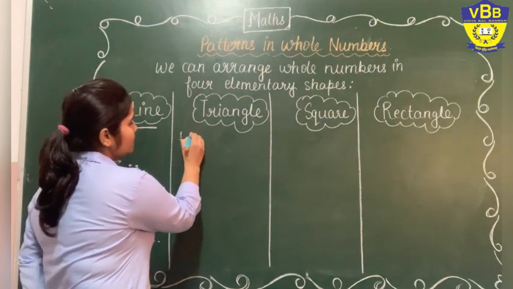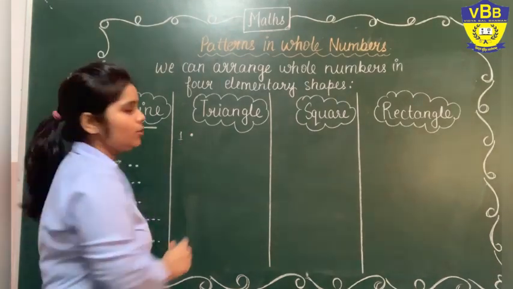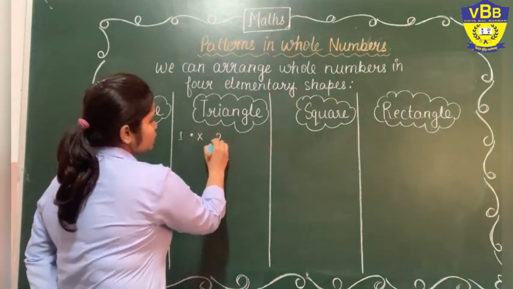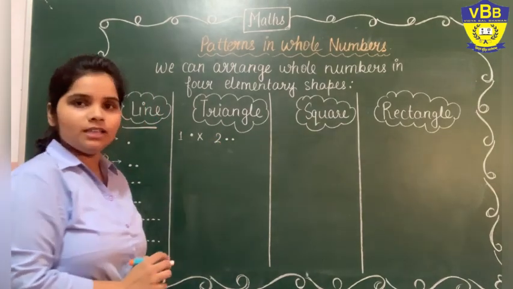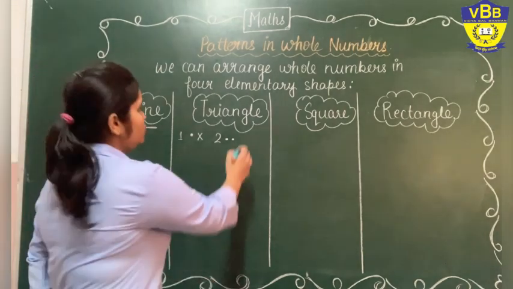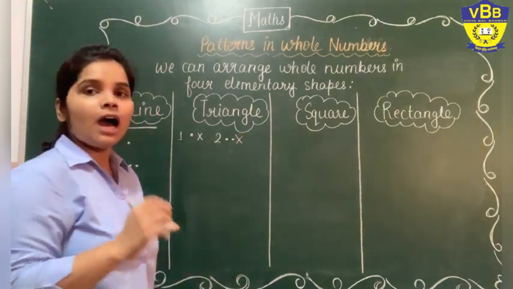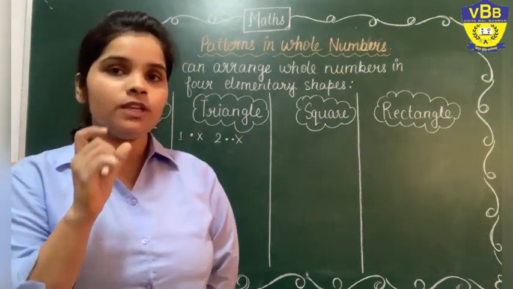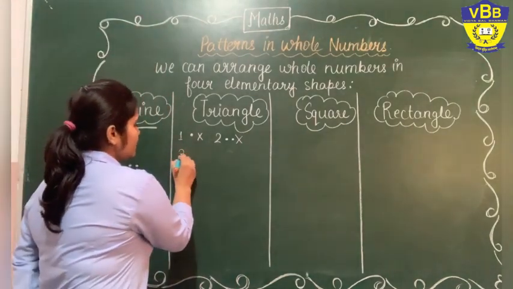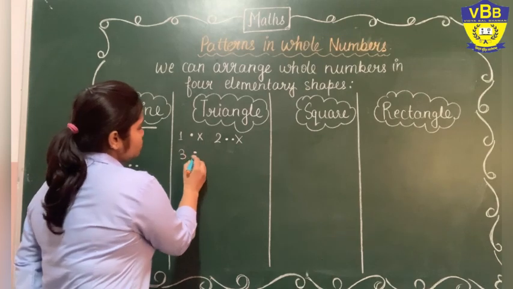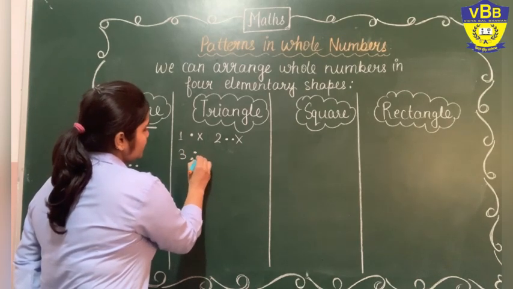Can this 1 dot form a triangle? No. Can you arrange 2 in a triangle? Are these 2 dots forming a triangle? No. So how many dots do we require to form a triangle? That is 3.